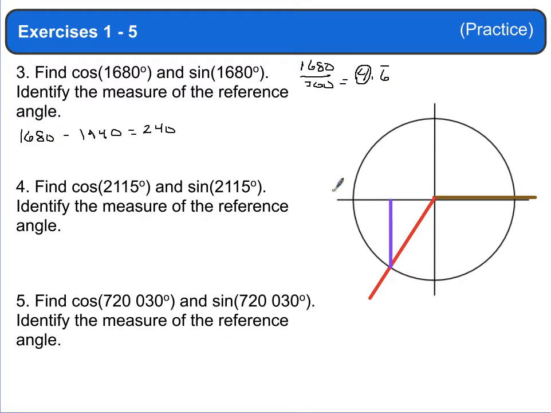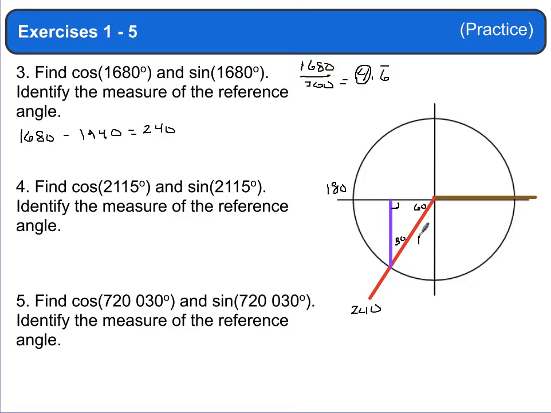And so we make some notes that this is 180 degrees. This is 240 degrees. The difference between 180 and 240 is 60. That makes this angle my 30.